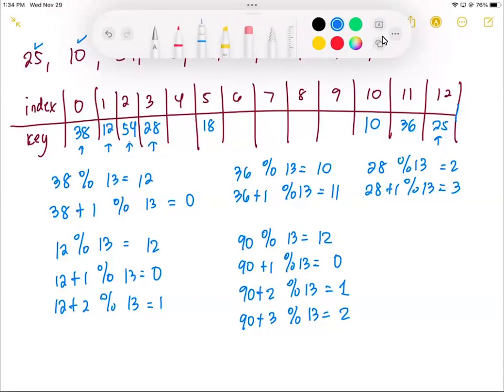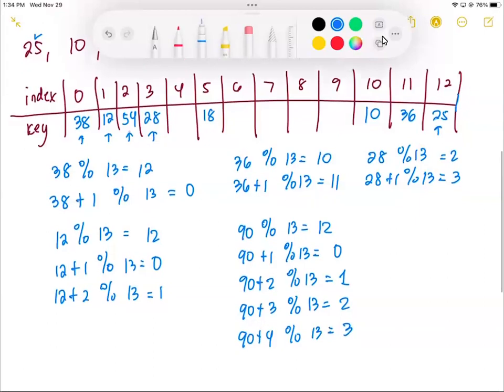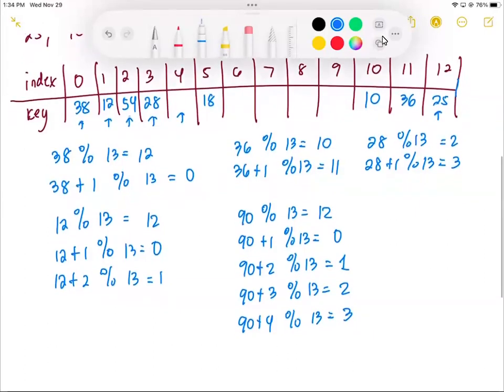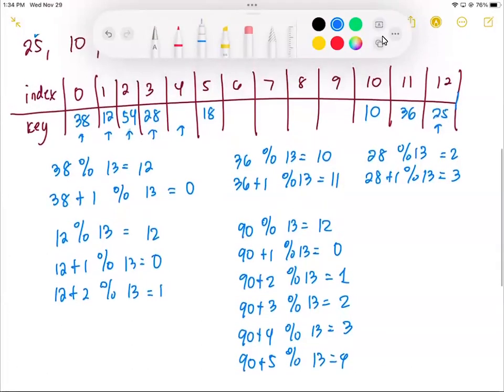So we don't want that. How did we get to the third bucket? It's just 90 plus 4 modulo 13, which is equal to 3. We continue probing. 90 plus 5 modulo 13 is equal to 4. In this case, finally, it's empty. So we add 90 here. Okay, we are done with that.